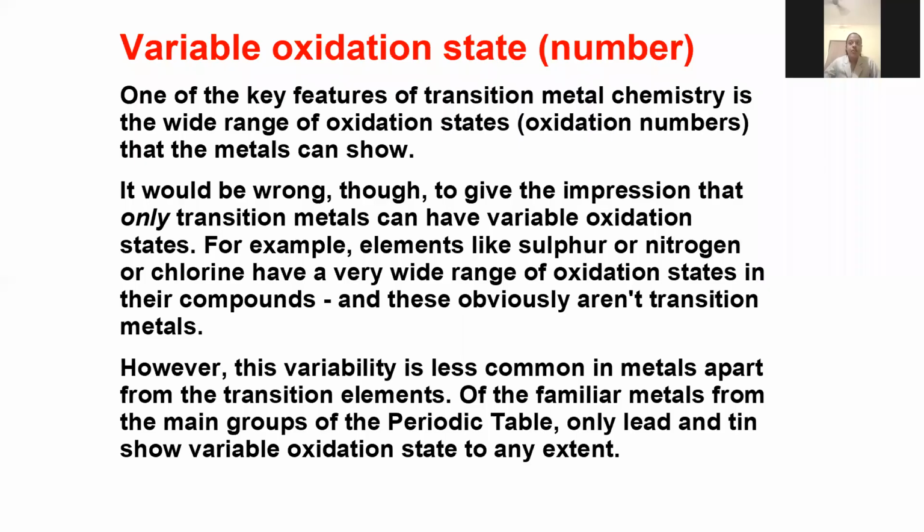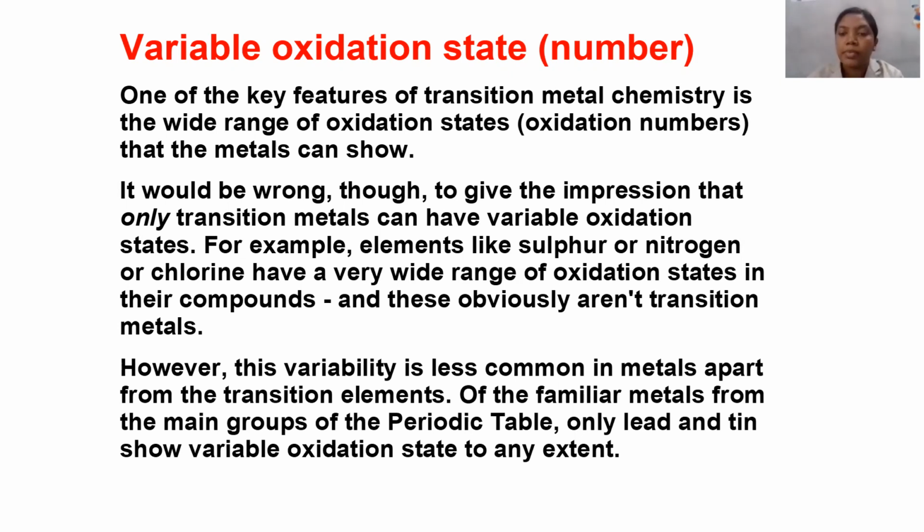Okay, so now we are moving on to the variable oxidation states. Now we are going to discuss variable oxidation state or oxidation number. One of the key features of transition metal chemistry is the wide range of oxidation states or oxidation numbers that the metals can show. It would be wrong, though, to give the impression that only transition metals can have variable oxidation states.